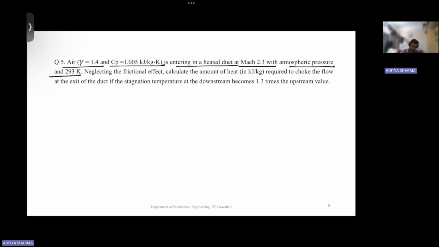The static temperature has been given; there is some mistake in language. 293 has been given as the static temperature. Neglect the frictional effect. Calculate the amount of heat required to choke the flow at the exit of the duct if the stagnation temperature at the downstream becomes 1.3 times the upstream.